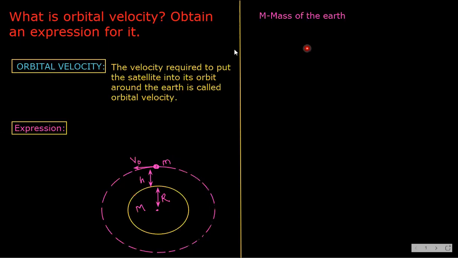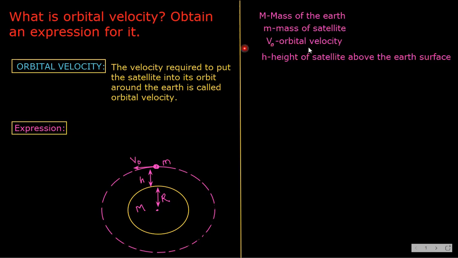So see, what is capital M? Mass of the Earth. Next, small m is mass of the satellite. v0 is orbital velocity. h is height of satellite above the Earth's surface, and this R plus h is orbital radius of satellite.